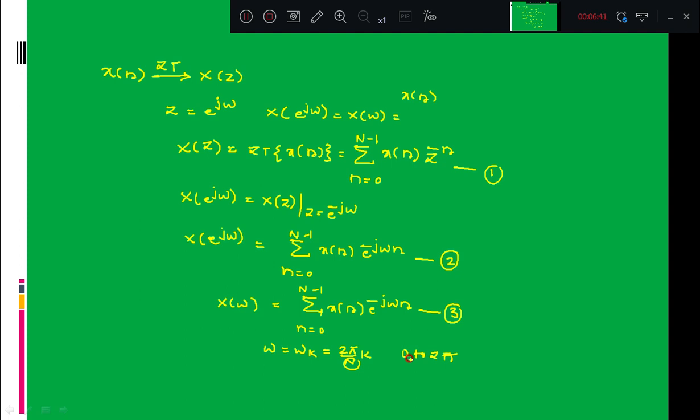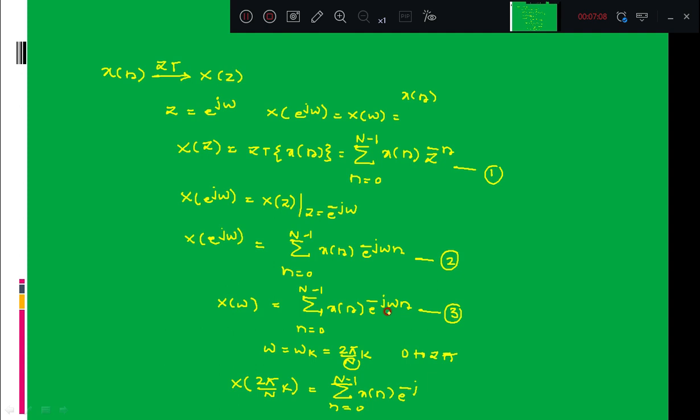So now after sampling at discrete values ω = ωk, I can write X(ω) with ωk equal to 2π/N multiplied by k, which is equal to the summation n = 0 to N−1 of x(n) e^(−jωn).